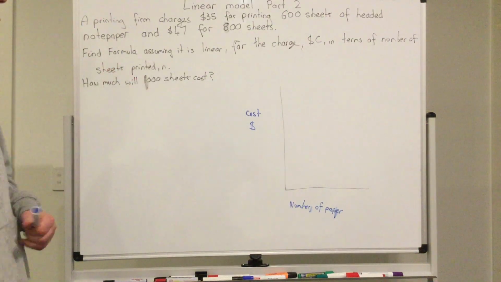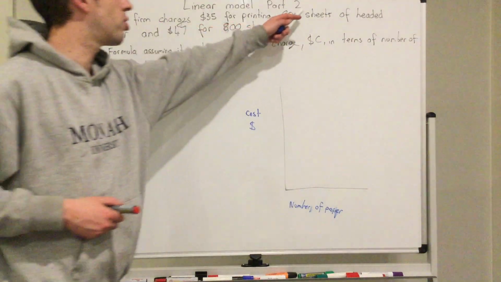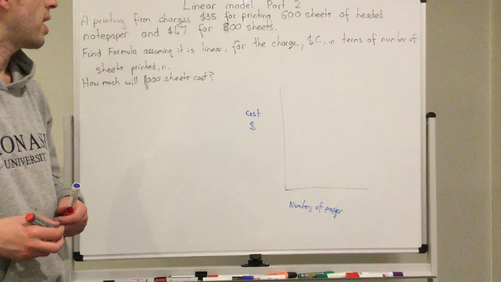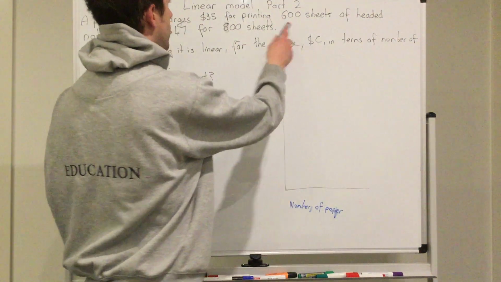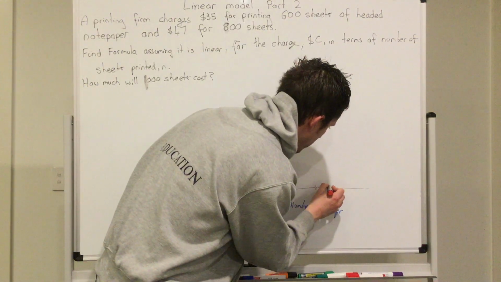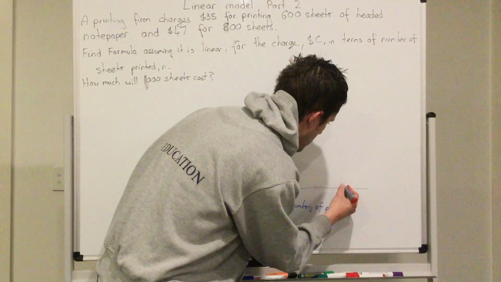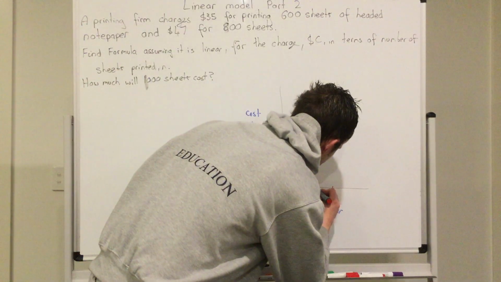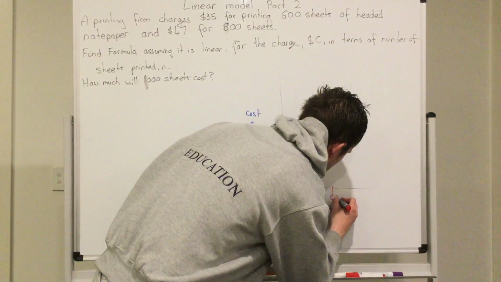The first thing I'm thinking about is that we've got 2 points, and that's what we need to focus on, our 2 points on our graph. My first point starts at 600 pieces of paper. Our next point starts at 800. So I've got 600 here and 800.